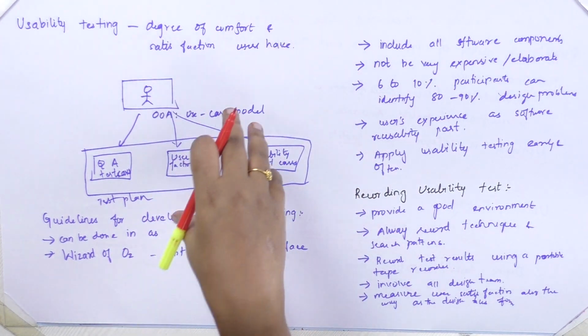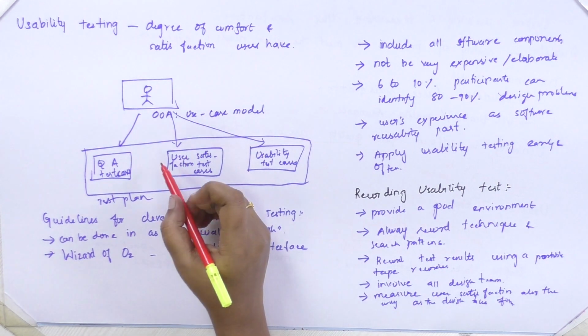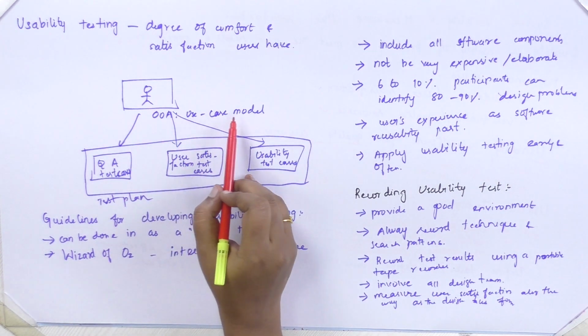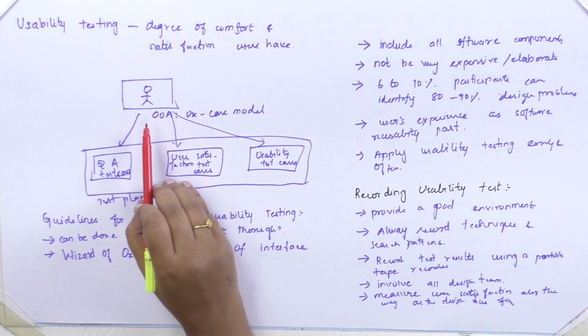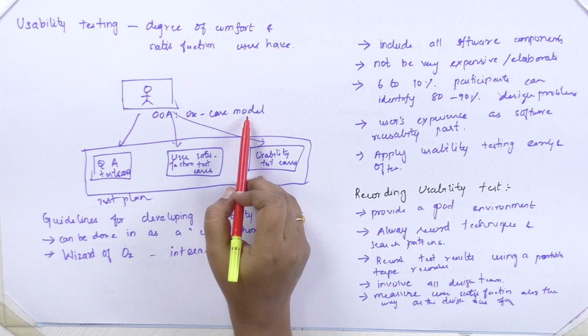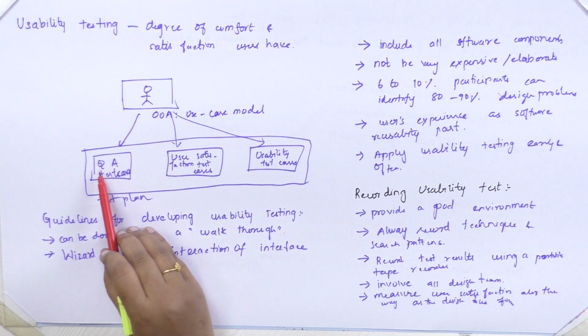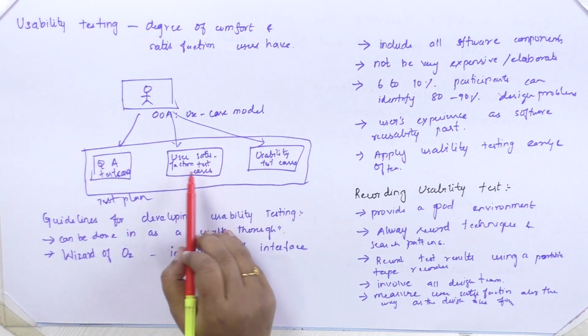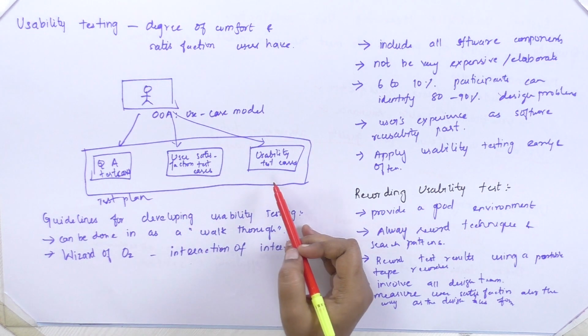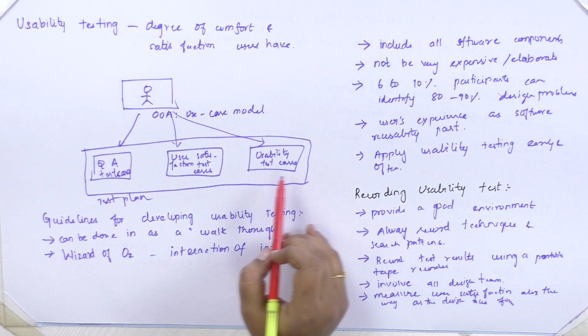Usability testing can be explained with this diagram. Here, usability testing uses the use case model we obtained in the object-oriented analysis phase. Using the use cases from this phase, you have to develop the quality assurance test cases, then the user satisfaction test cases, and lastly the usability test cases.